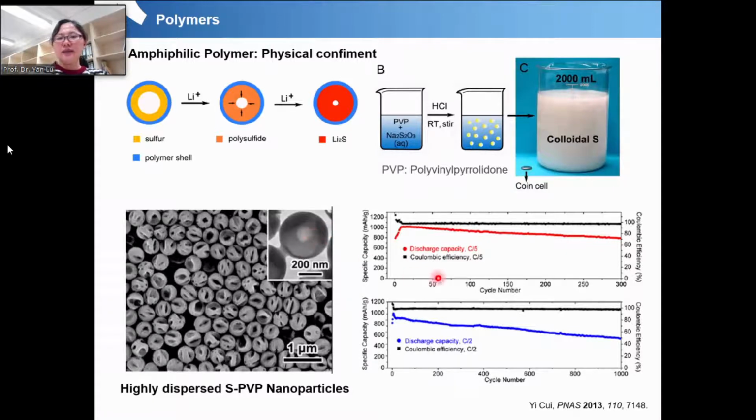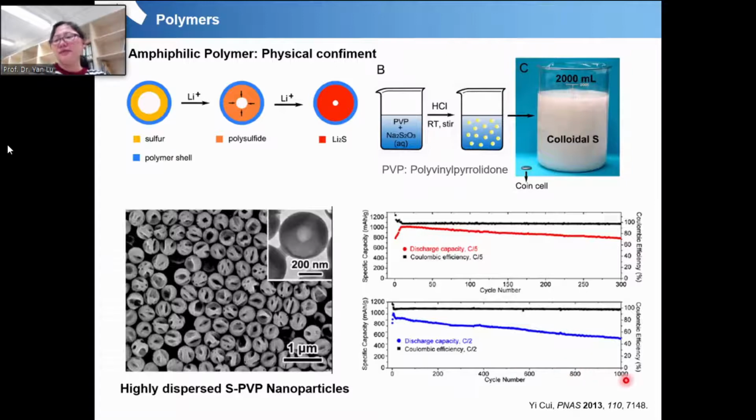And from the electrochemical performance, we can see they can work here as a cathode material for the lithium sulfur battery. Although they still have some capacity fading, anyhow they can work efficiently for long cycling. They even tested for 1,000 cycles. Here I just want to mention that this is really a lot of work.